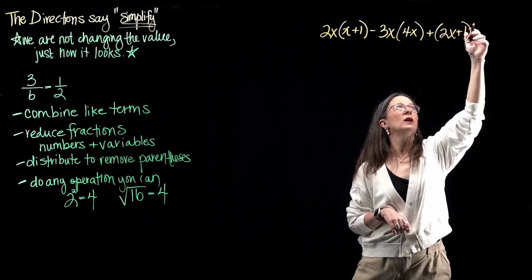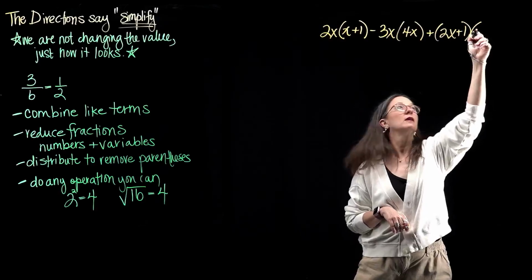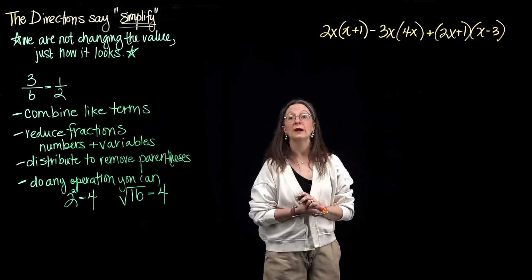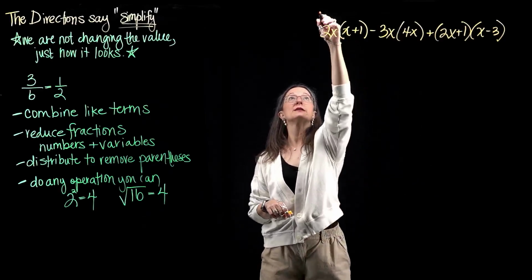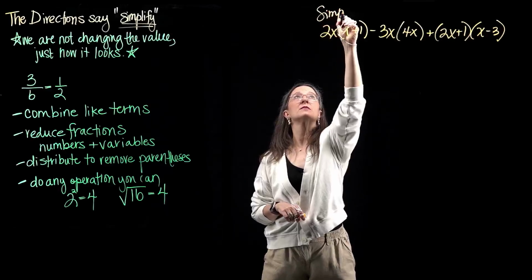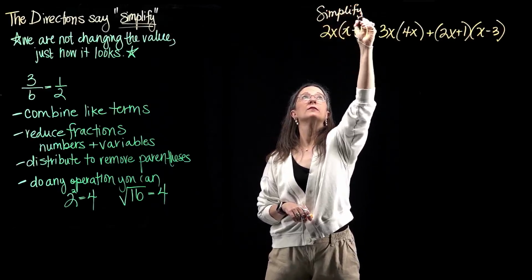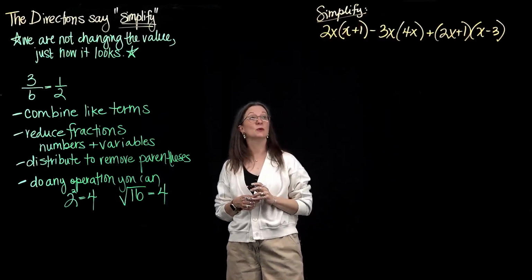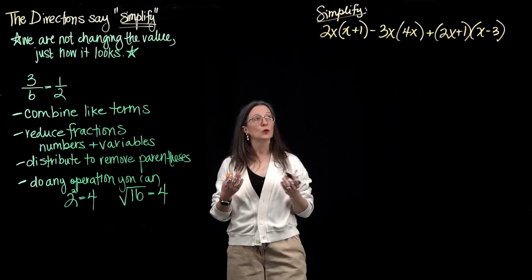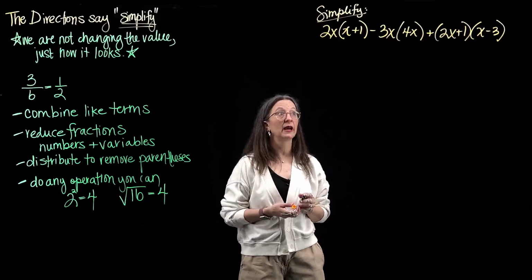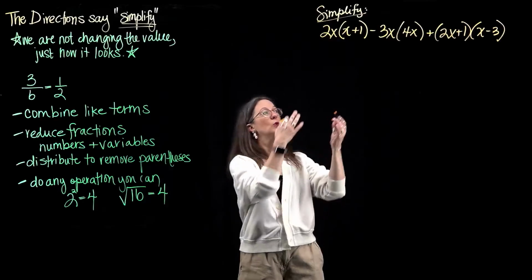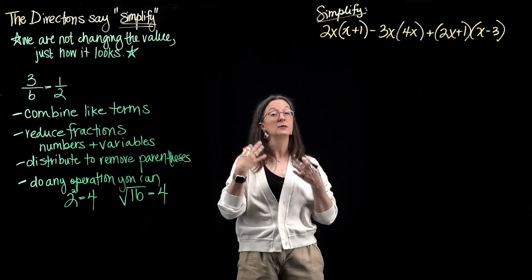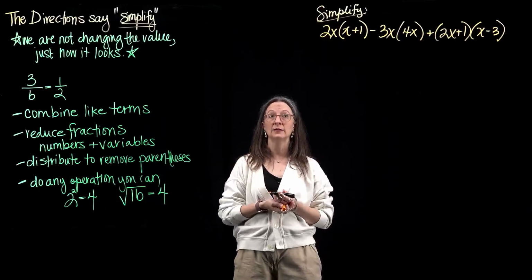Plus 2x plus 1 times x minus 3. Okay, if we wanted to simplify this, that means that we're going to distribute to remove those parentheses. We're going to collect up any like terms, and we're going to do any multiplication involved here. We want everything to be as worked out as we possibly can.